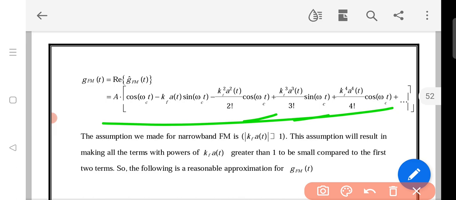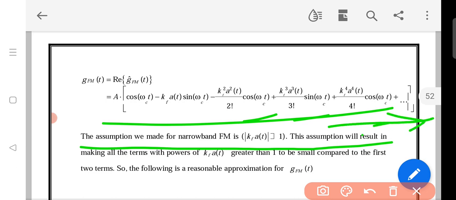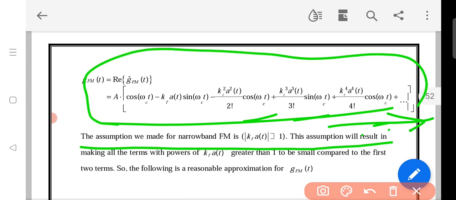So for the narrow band FM, continuing like this, we treat it by applying the Fourier transform to this equation.